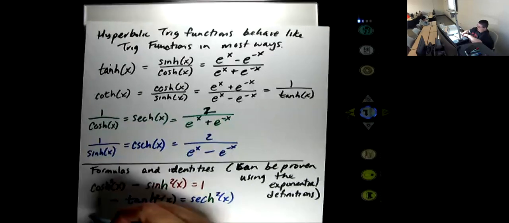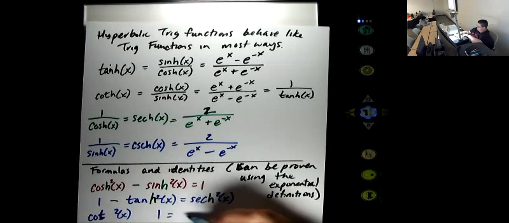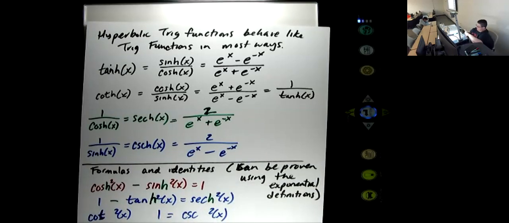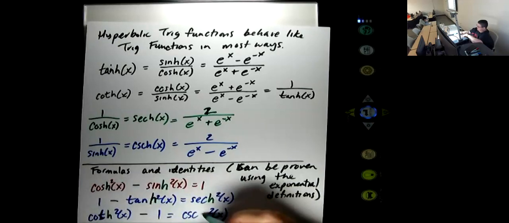And we used to have cotangent squared plus 1 equaled cosecant squared. When we make it the hyperbolic version, it's got the minus in there, not a plus.